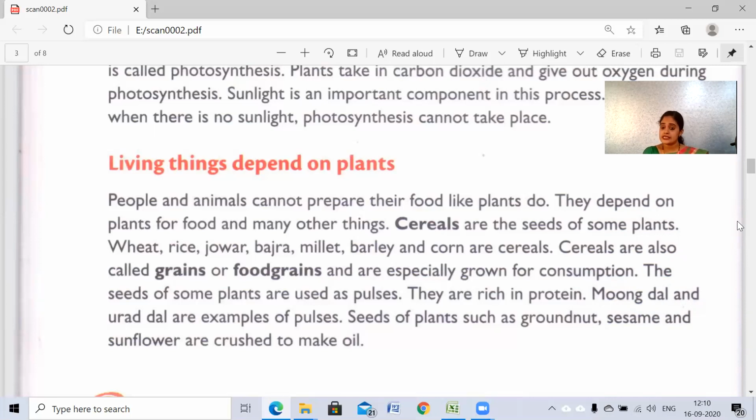These seeds we crush to get oil. Okay, see here, we depend upon plants for cereals, for pulses, for oil, and for other things also.